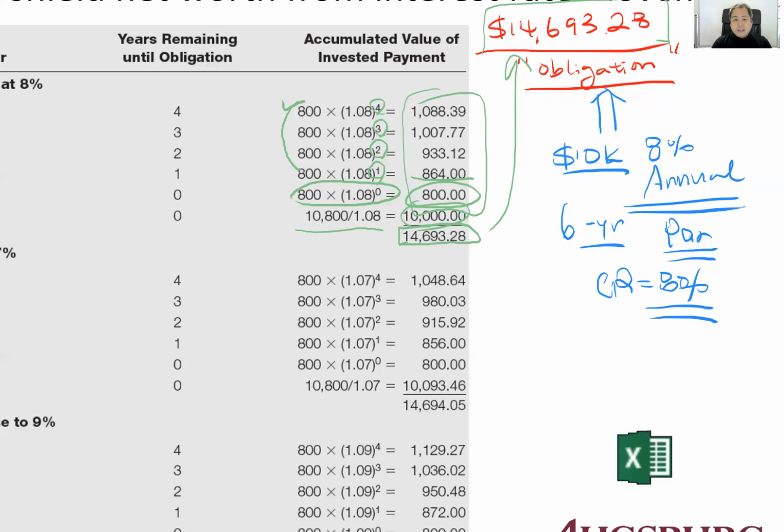The reason is that this 8% annual coupon bond, with coupon rate 8% and yield 8%, if you calculate the duration, is actually 4.99 years, about 5 years, which is exactly the same as the one that we need to cover.